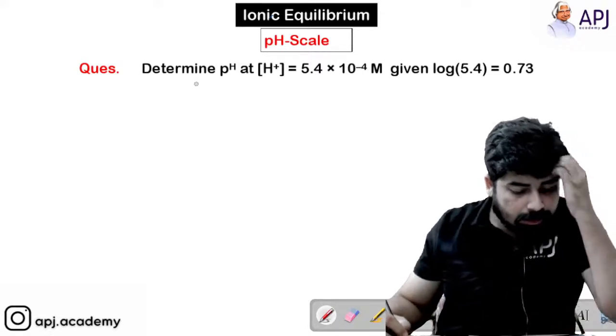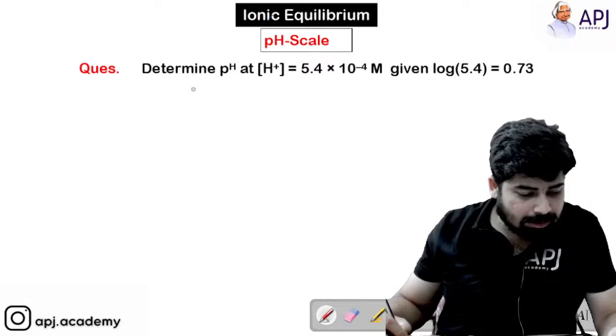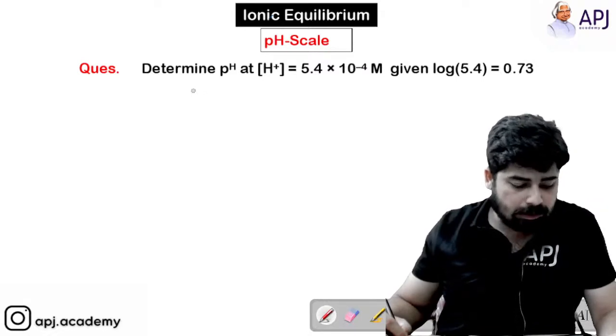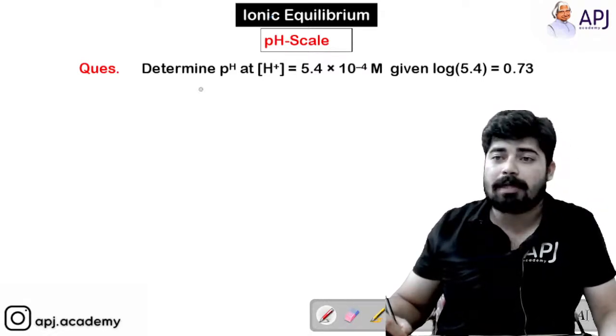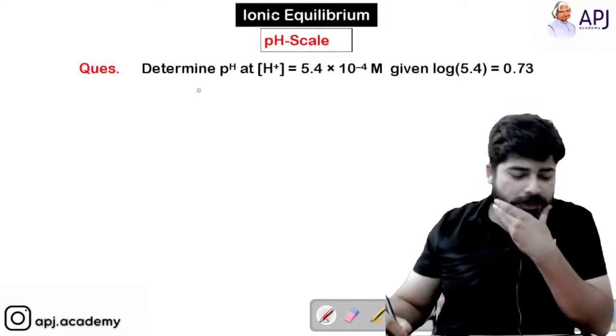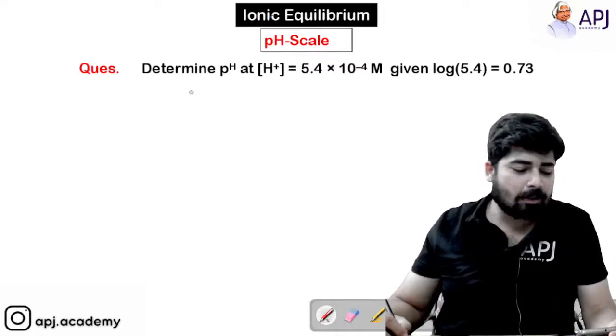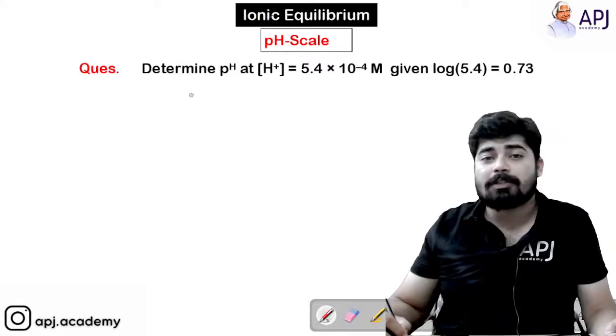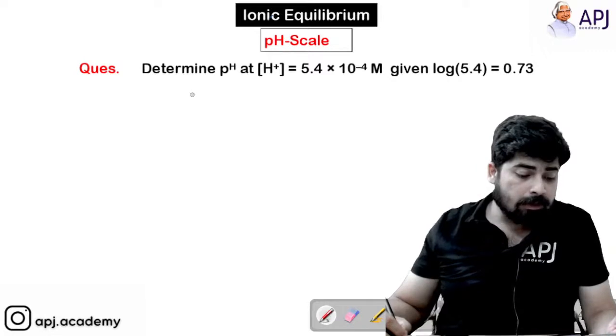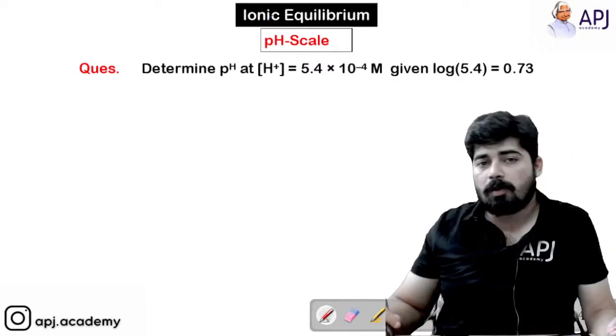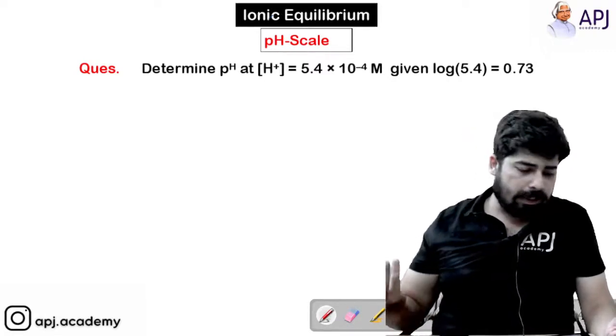So dear students, this is the same question that we have just done now. The question is, the pH at H plus concentration is 5.4 into 10 raised to minus 4 molar, and the value of log 5.4 is given. So what will be the pH value?